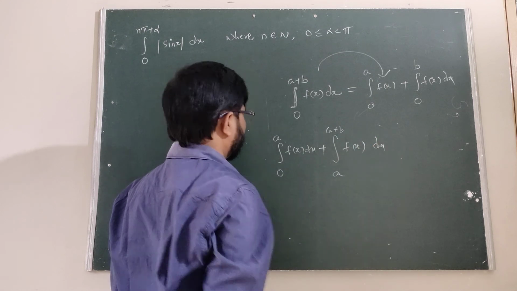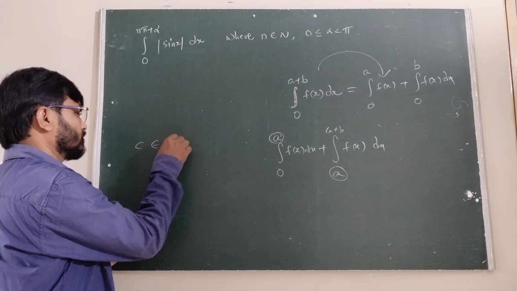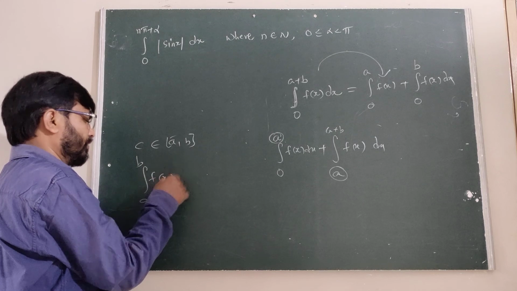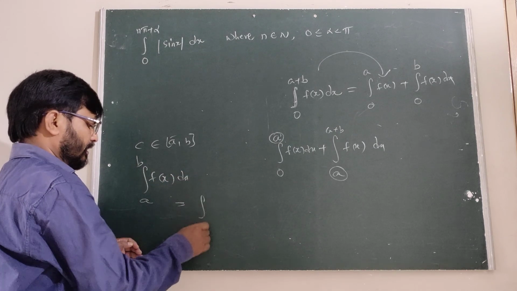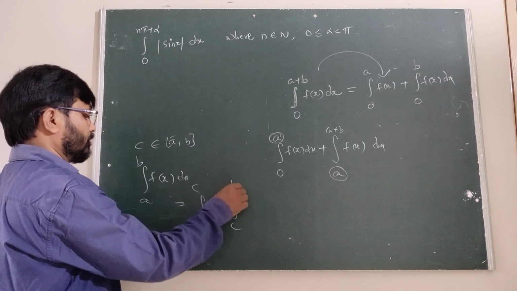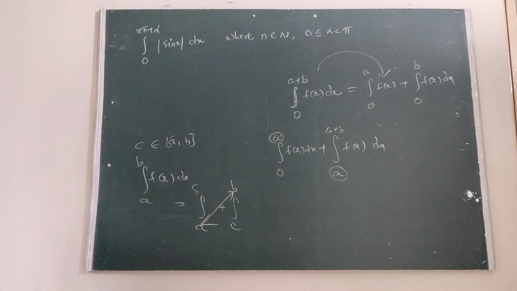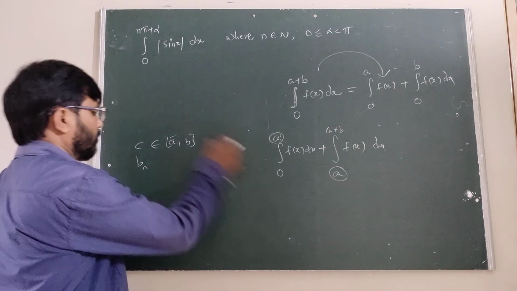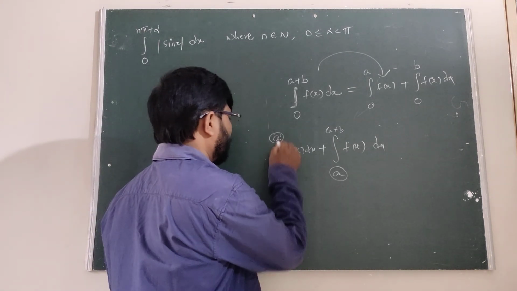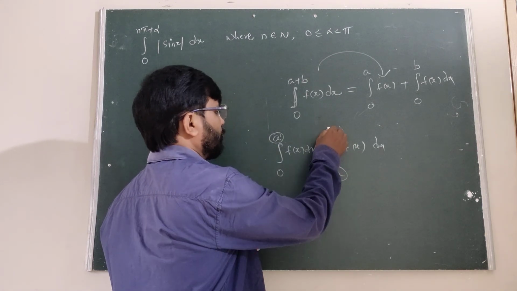Suppose we take c belonging to the interval ab. We know the formula that the integral a to b of f of x dx can be written as the integral a to c plus c to b, where the middle terms cancel and we get a to b. This is one of the reductions. Therefore, here we can write 0 to a of f of x dx plus a to a plus b.